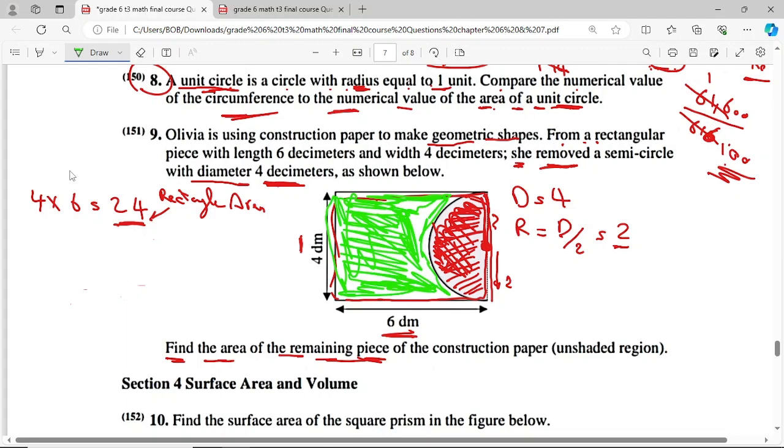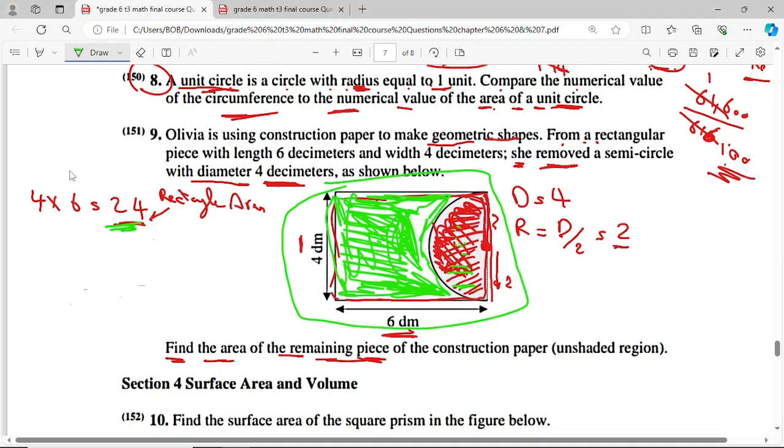To get it, I take the area of the total rectangle, which I already have, and subtract the area of the semicircle, because she removed the semicircle from the rectangle. That means rectangle minus the removed semicircle gives this area.